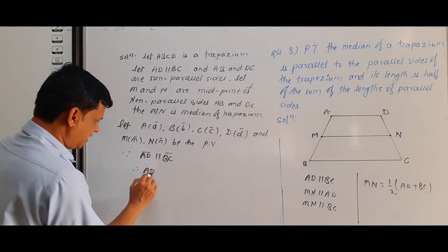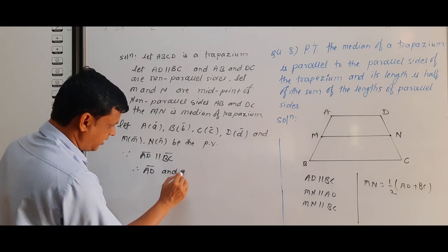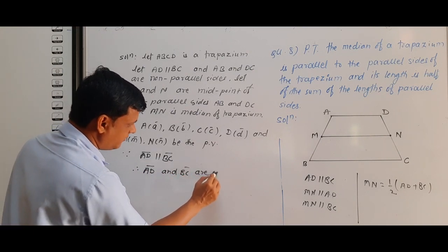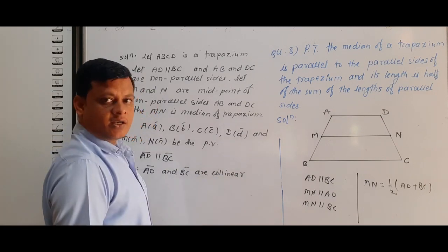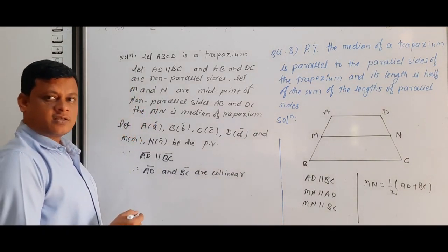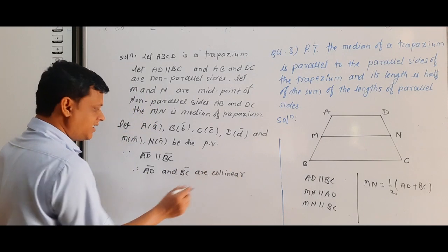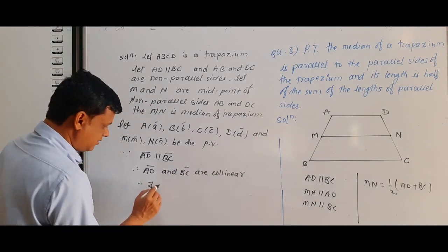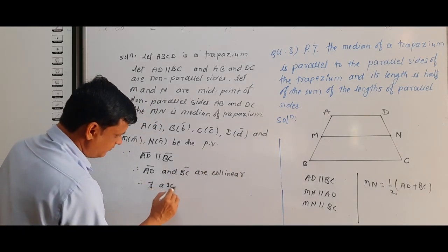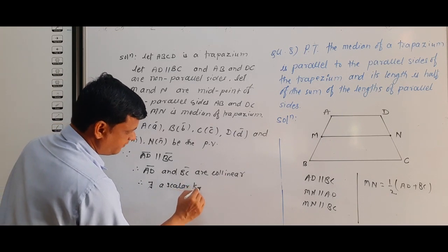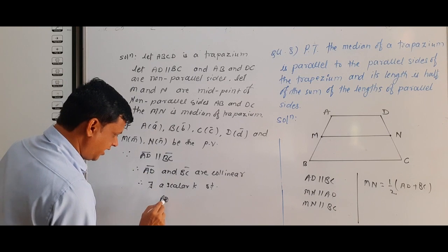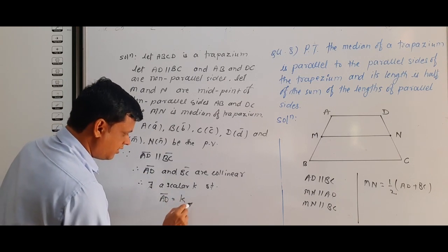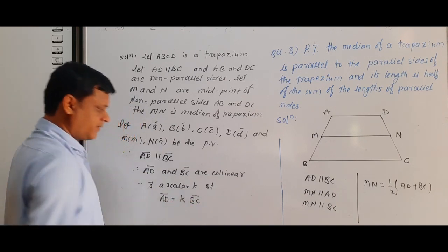Therefore vector AD and vector BC are collinear. If two vectors are collinear, then there exists a scalar. Suppose that scalar is k. Therefore there exists a scalar k such that vector AD is equal to k times vector BC.